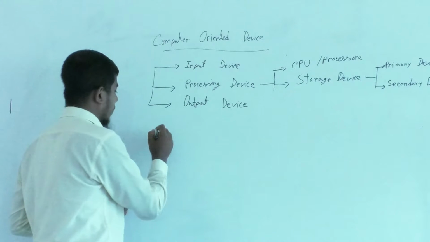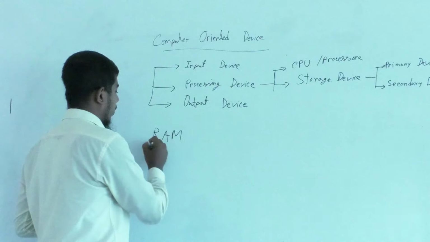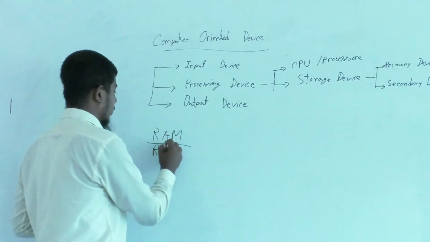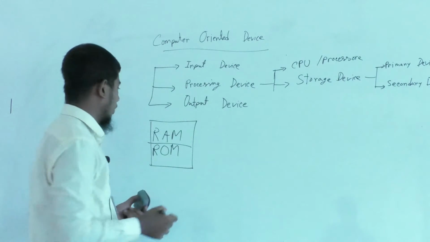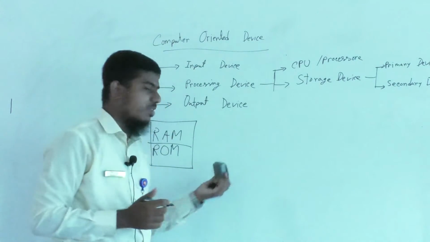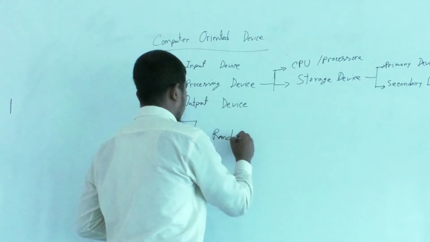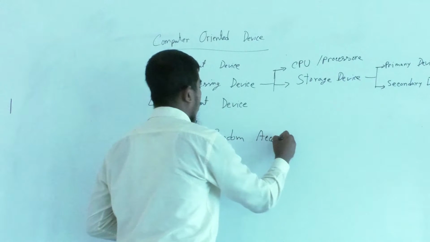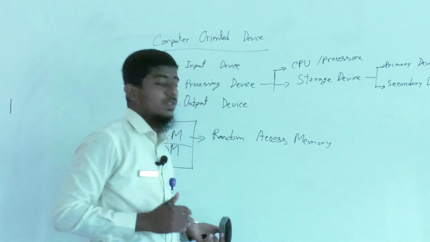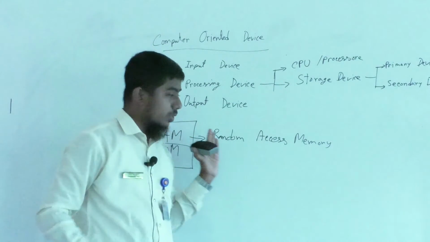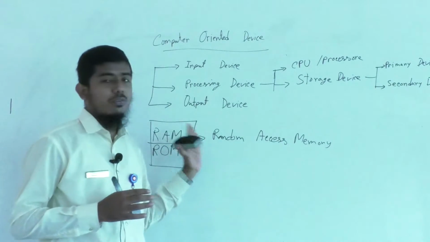If we focus on primary devices, we have RAM and ROM. What is RAM? RAM is called random access memory. The processing speed of RAM is very fast.